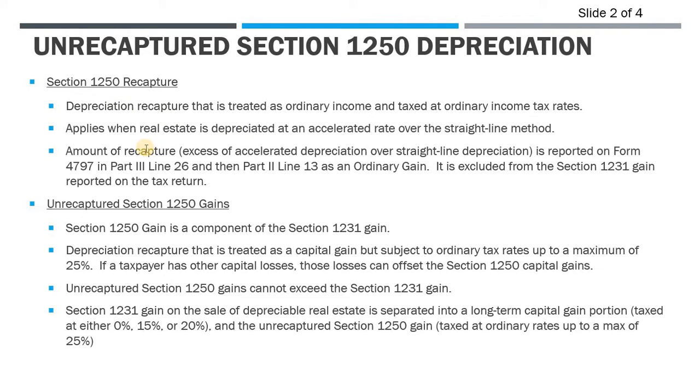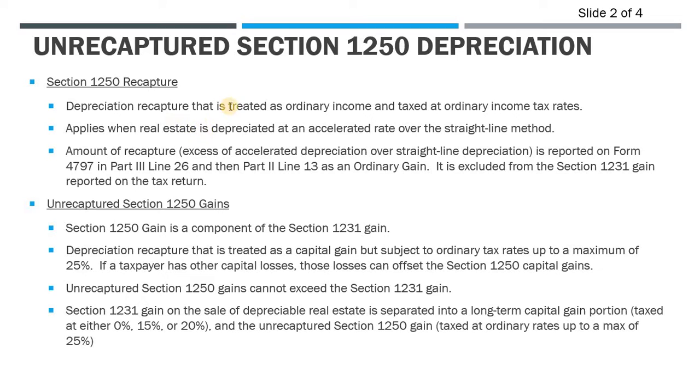This applies when you had real estate that was depreciated using an accelerated rate over the straight line method. The reason why this is kind of a moot point, you don't really see it anymore, is because the accelerated depreciation methods for real estate haven't been used in decades, right? Now when we put property into service, it's always going to be the straight line method.